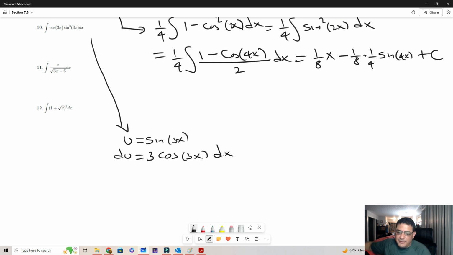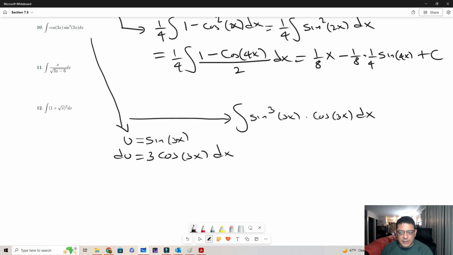But this is the u, and so this integral transforms. Well, actually, I can see it instead as sine cubed of 3x times cosine of 3x dx, right?